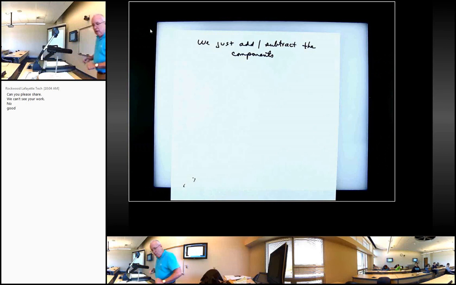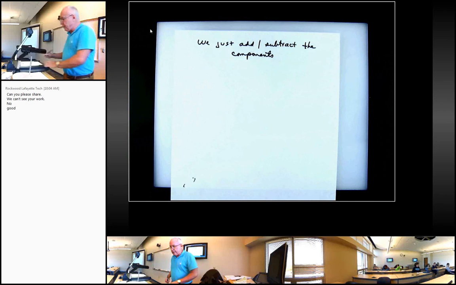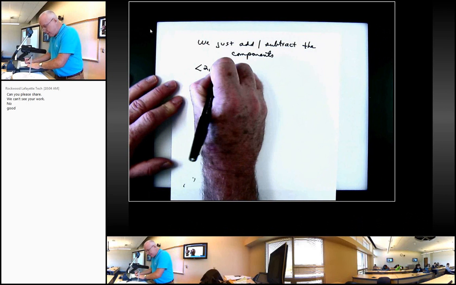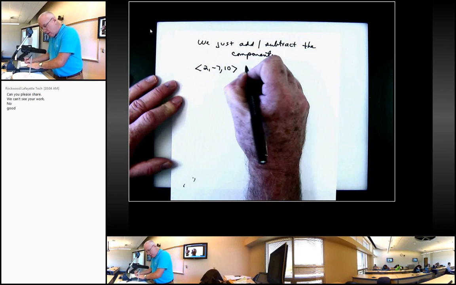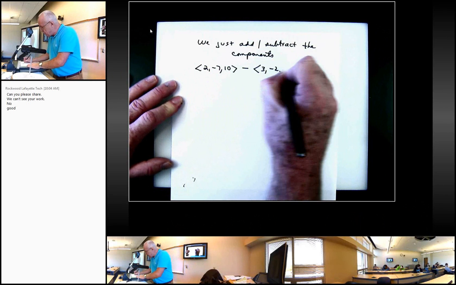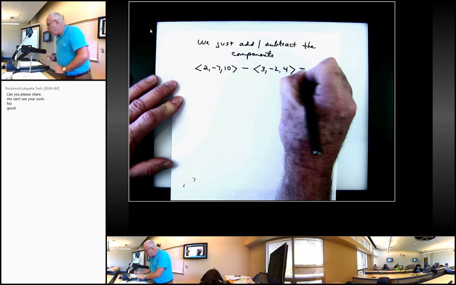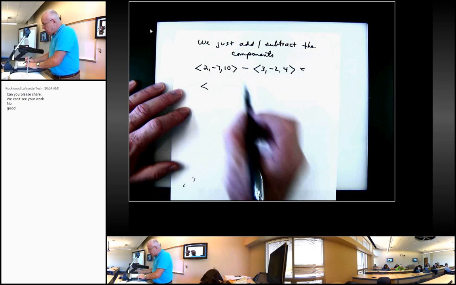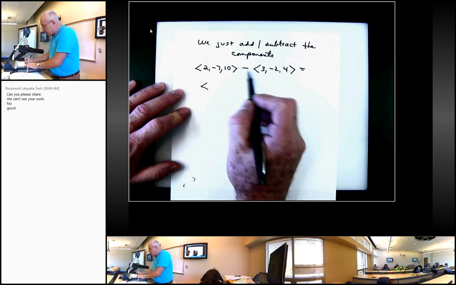All right, so let's just do one example here. <2, -7, 10> minus <-3, -2, 4>. Let's see what those equal. Now we are subtracting here, so I'm going to be subtracting the individual components. So this is going to be 2 - (-3).